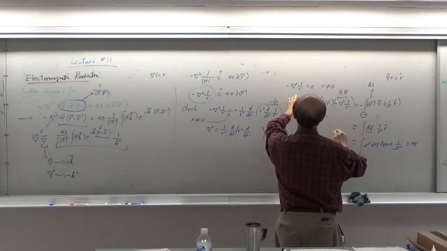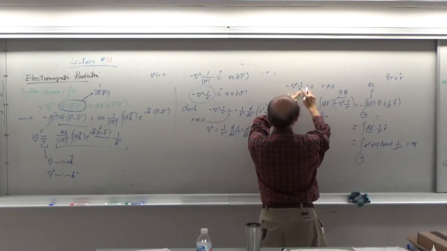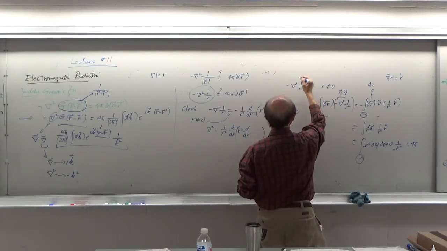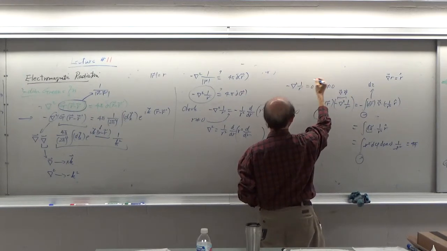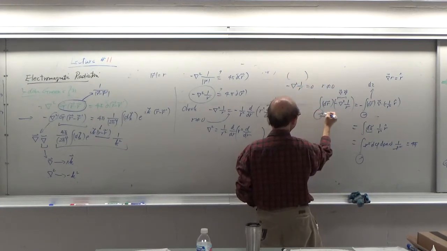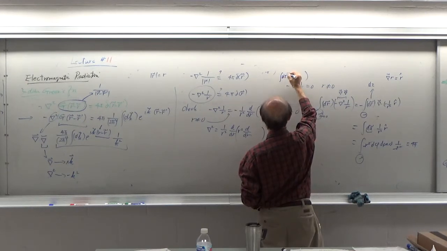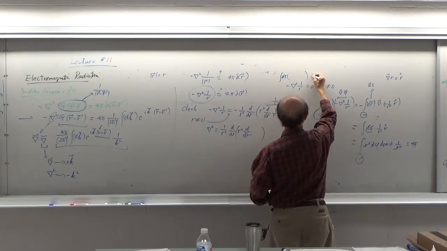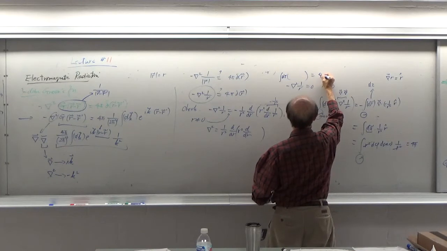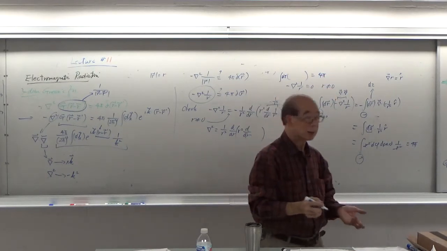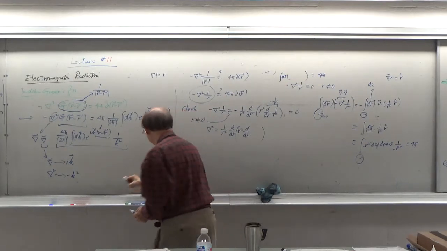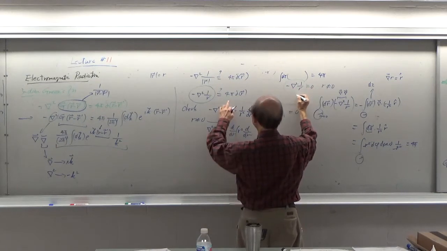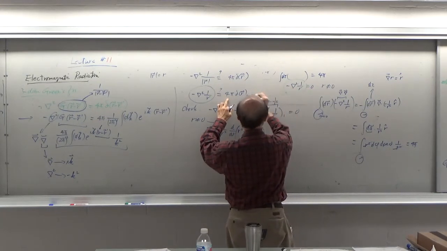So we see that this, acted on by the Laplacian, would be 0 when r is not 0. But it also has the property that integrating over volume is equal to 4 pi. So now it is abundantly clear that this is nothing but 4 pi times the delta function.